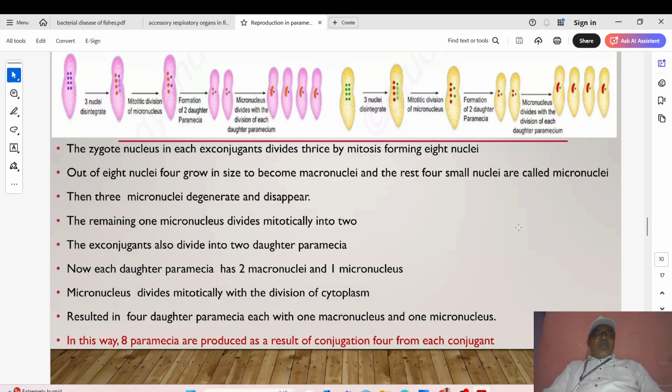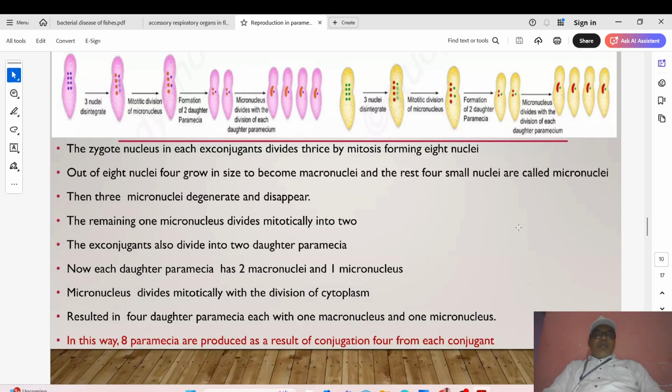Later on, the micronucleus again divides by mitosis with division of cytoplasm. It results in 4 daughter Paramecia, so 4 daughter Paramecia are produced by conjugant A, and conjugant B also divides in the same manner and gives 4 daughter Paramecia.